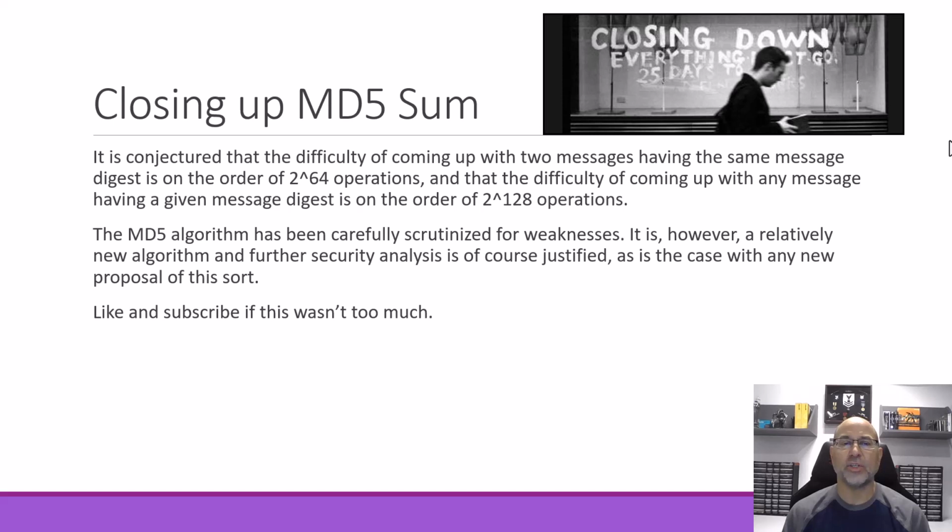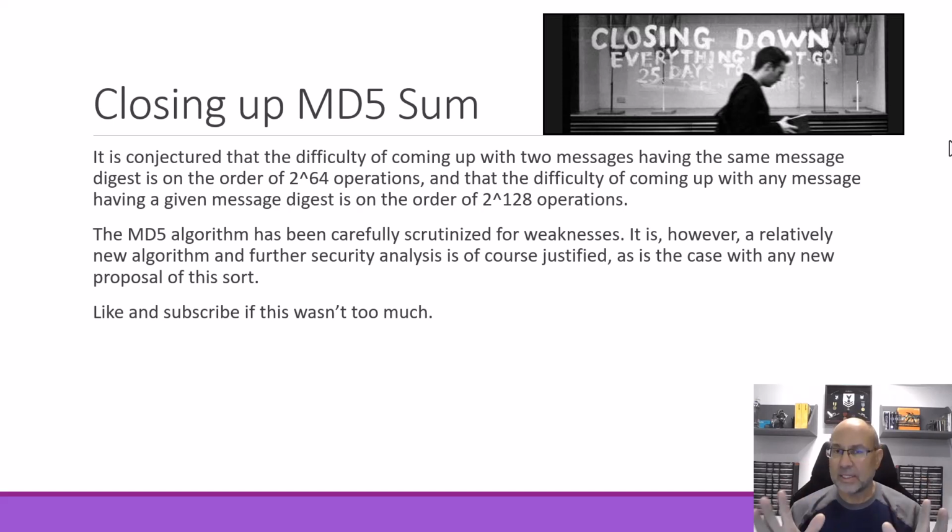It is conjectured that the difficulty of coming up with 2 messages that have the same message digest is on the order of 2 to the 64th power operations. So that means, what's the probability that 2 chunks of data are going to get the same MD5 sum?